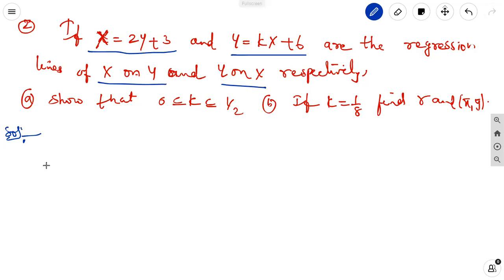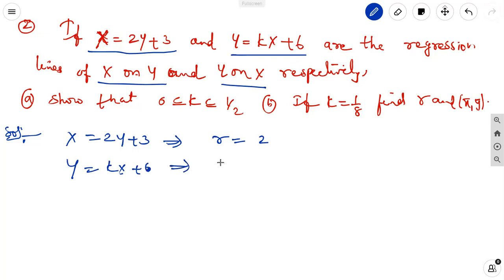First, take the given equations. x = 2y + 3. From this, the regression coefficient is r σx/σy = 2. And y = kx + 6.